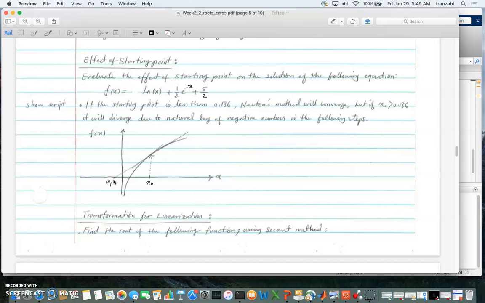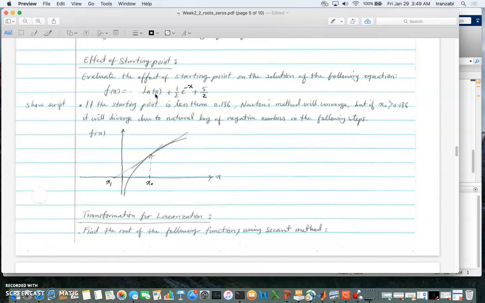Then if we use x1 in this function, focusing on Newton's method, if x1 is going to be our second guess, then we're going to have a problem because x1 is negative, and next time we want to evaluate this f of x, we run into a problem because log of a negative number does not exist.